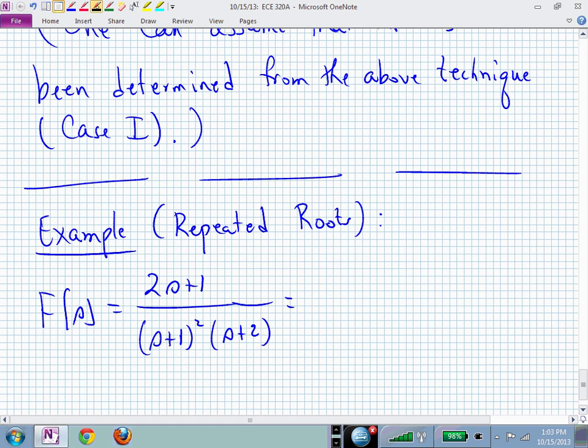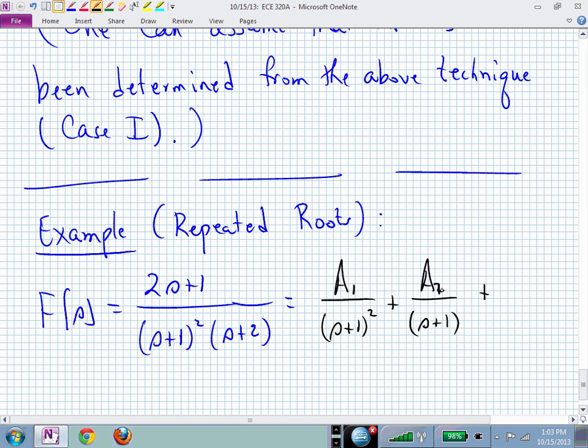We now know the partial fraction expansion structure. That's going to be A1 over S plus 1 squared. And now we just continue to reduce the power on that repeated factor until we get down to the power of 1.